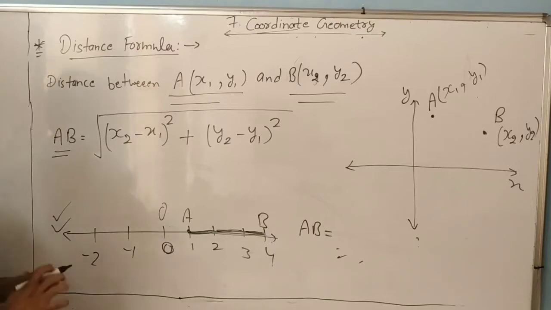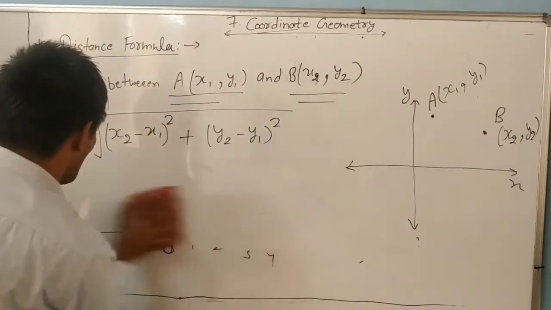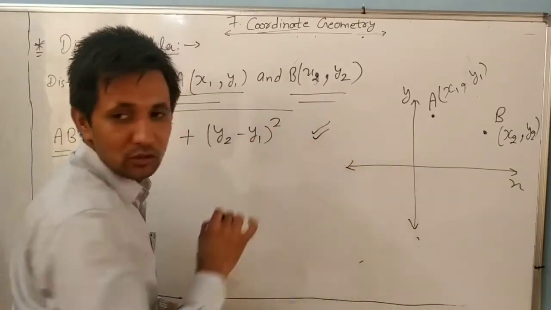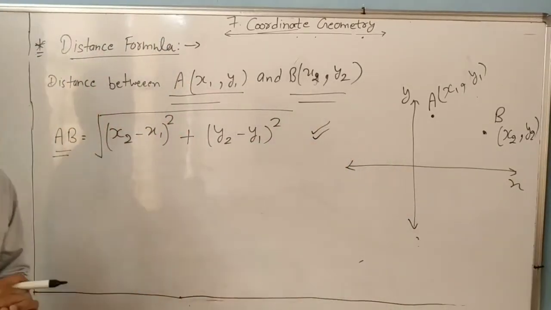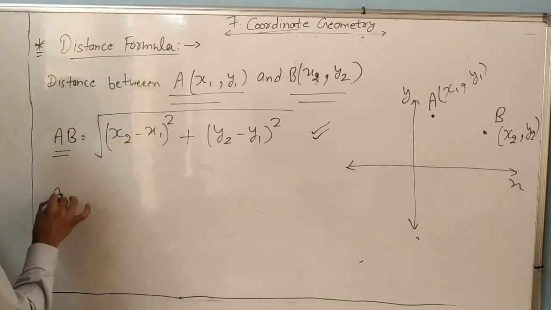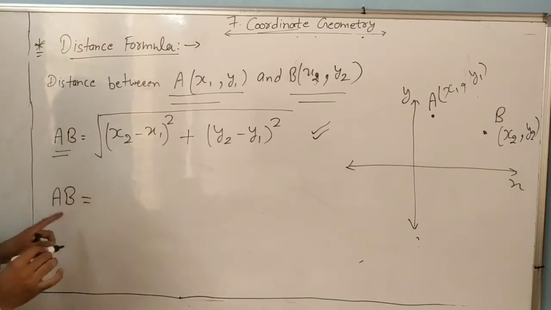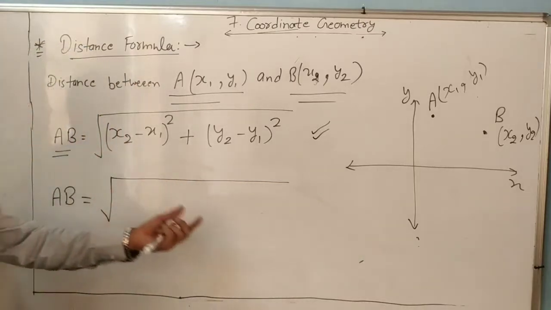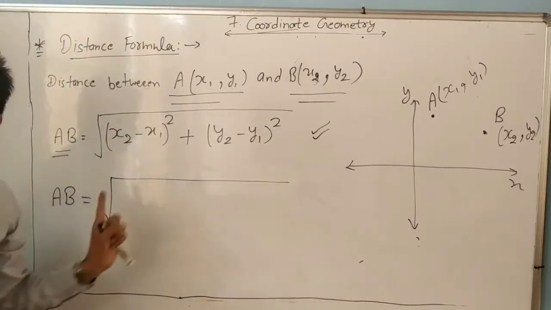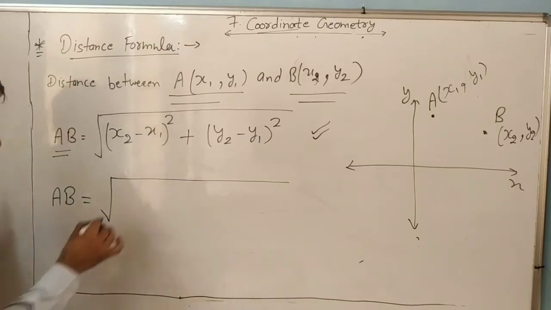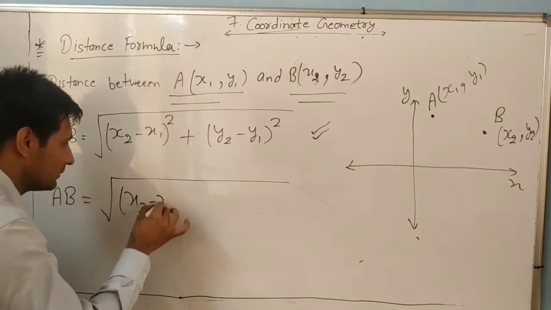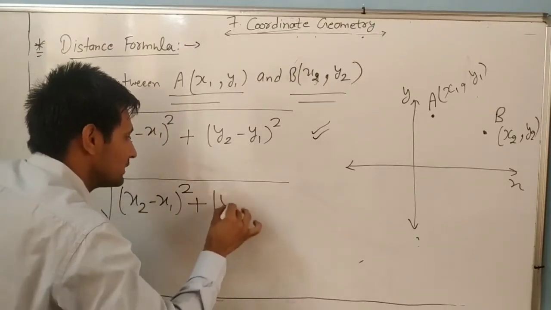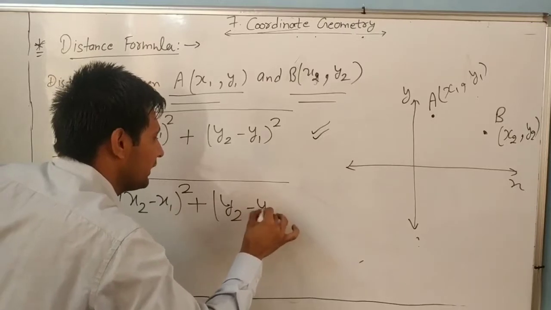Again, look here, very simple. If you understand this formula, its proof is not in our syllabus, okay? That's why I'm writing the formula. If you want to find the distance between any 2 points, everything we are finding is under the root: the difference of the x coordinates squared, added to the difference of the y coordinates squared.